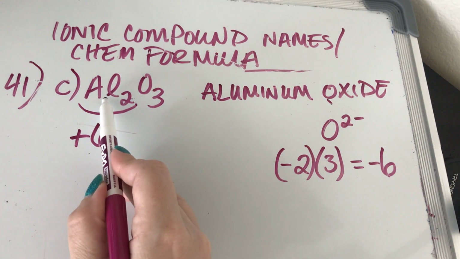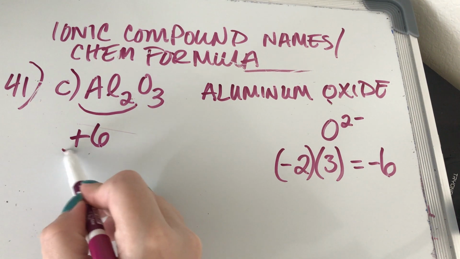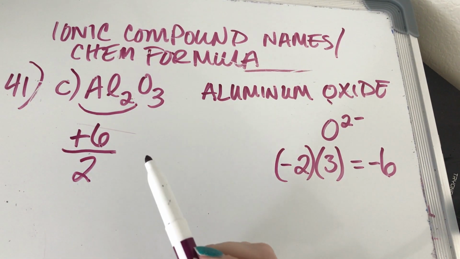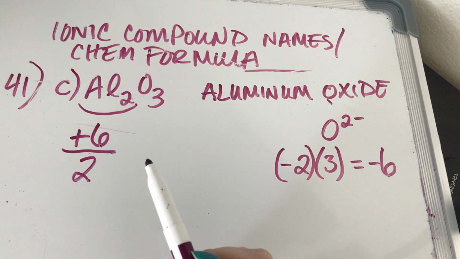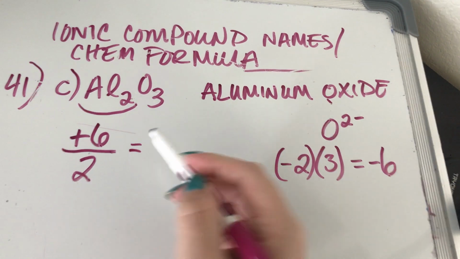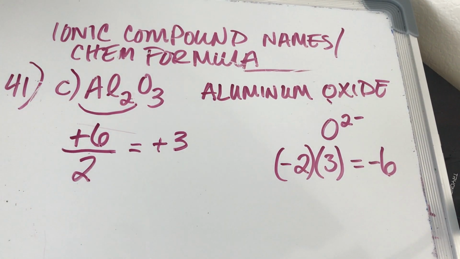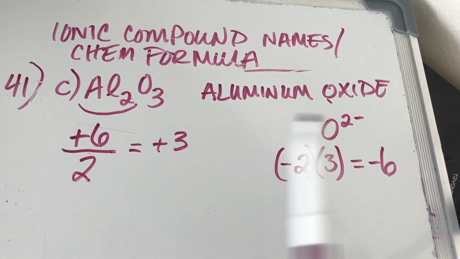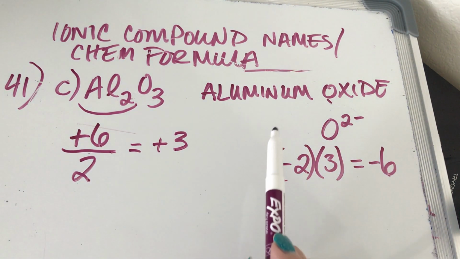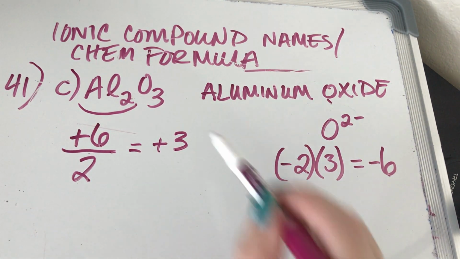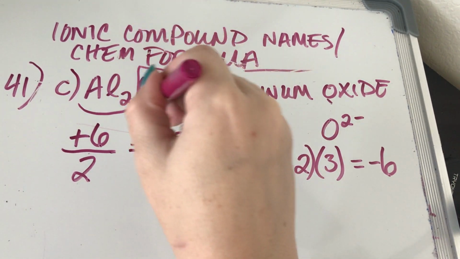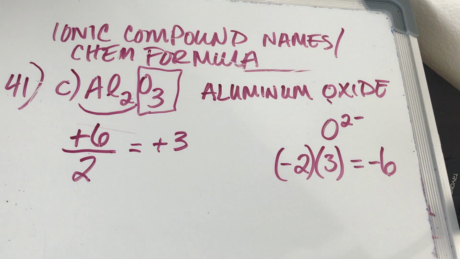If I want to know the charge on the individual aluminum, I divide by the number of aluminums in the compound, and that tells me it has a +3 charge. Okay? So the key to being able to solve this kind of problem is knowing the charge of oxide.